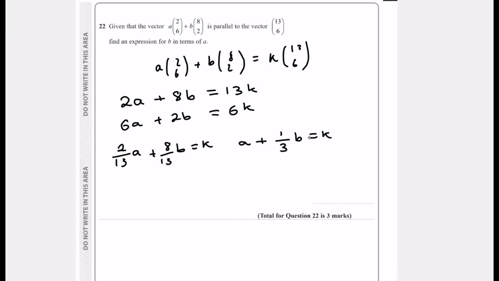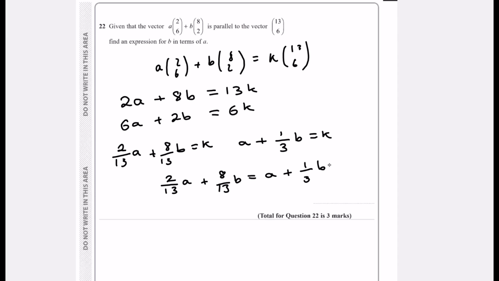Then they're both k equals, so we can make them equal to each other. So I can say 2/13 of a plus 8/13 of b equals a plus 1/3 b.